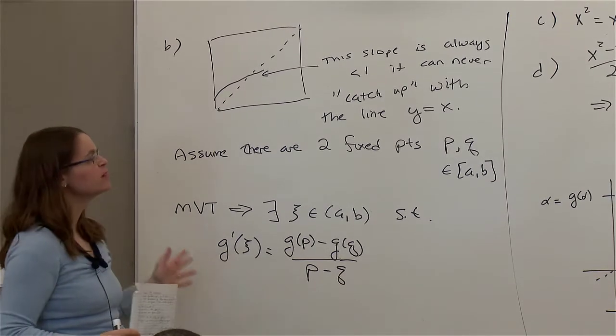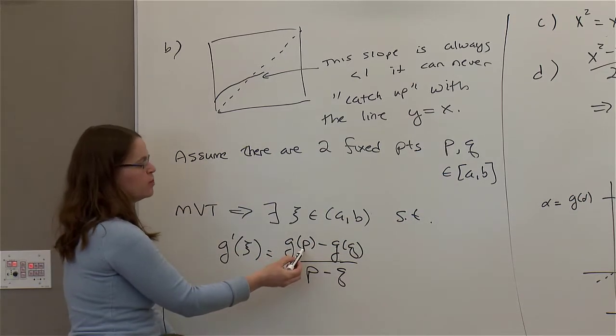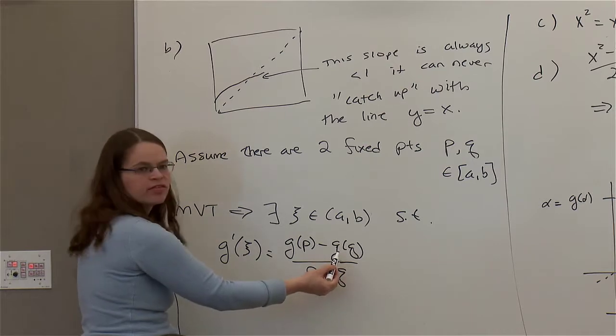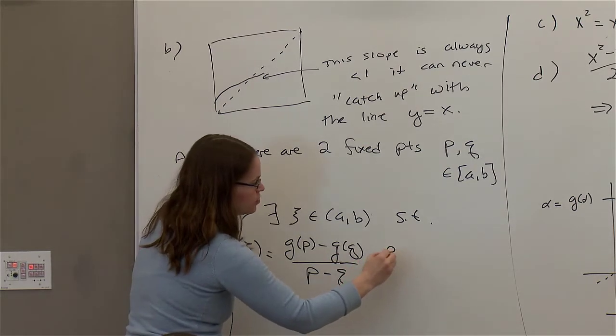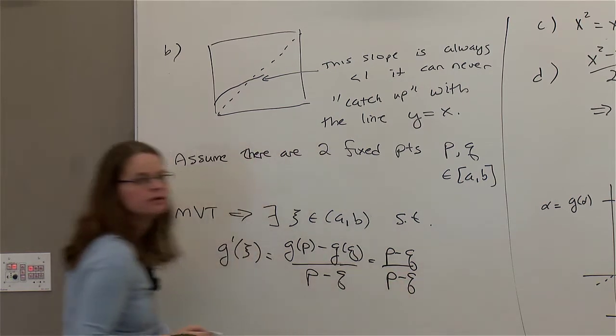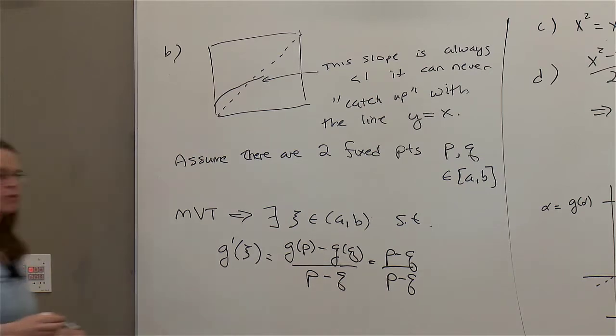Now, we've assumed something special about P and Q. We've assumed they're fixed points, right? And that means that if I stick P inside this function, I get P coming back out. And if I stick Q inside, I get Q coming back out. So this is P minus Q divided by P minus Q, which is 1.